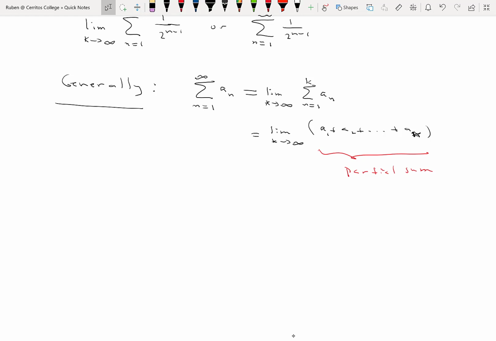But I also said that particular series, the one where we had 1 plus 1/2 plus 1/3 plus 1/4 plus 1/5, etc., approaches infinity, but very, very slowly.